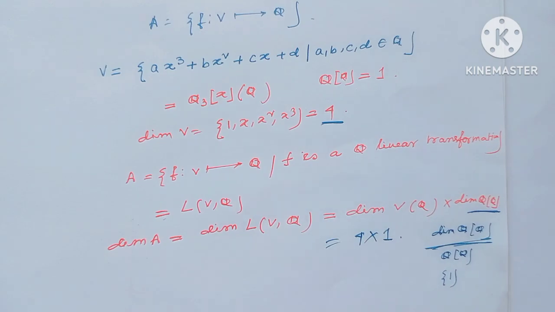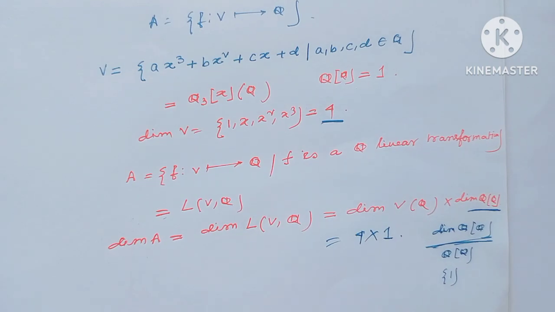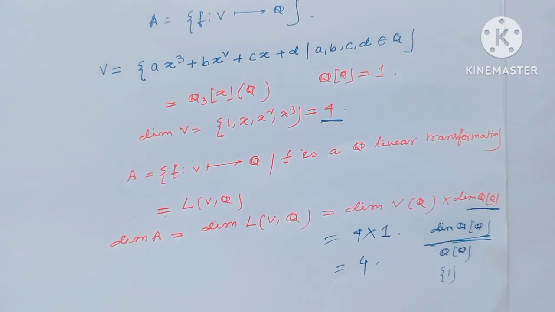Likewise, the dimension of R over R, and C over C, is 1. So this value is 4.